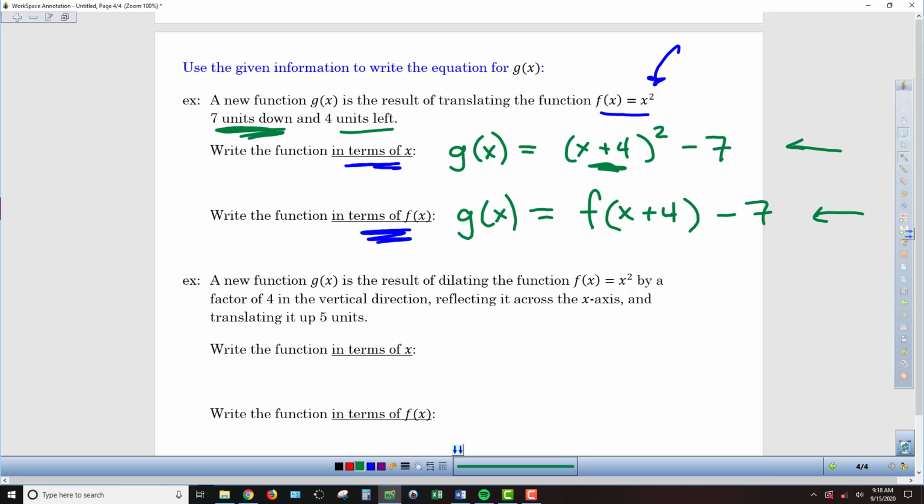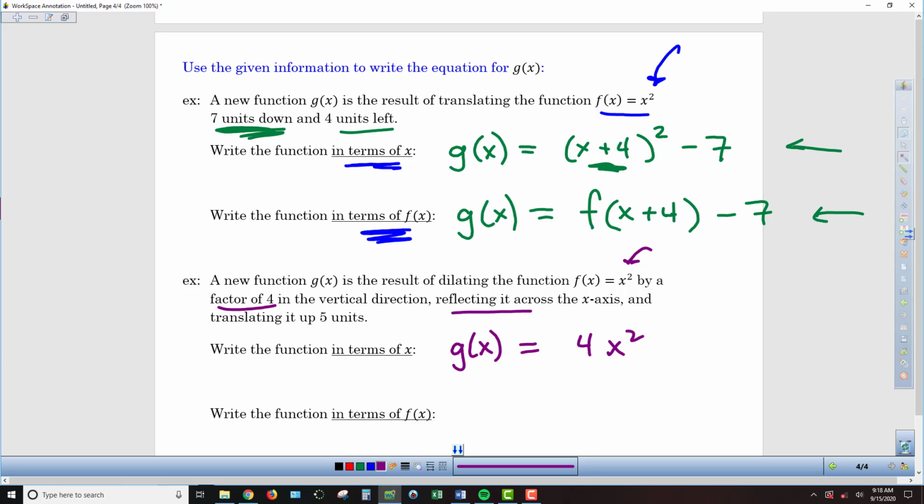So if we try that one more time down here in the last example, so now we have a new function g of x that's the result of taking this x squared function, and we're going to dilate it by a factor of 4. So that means I'm going to have a 4 out in front multiplying an x squared if that was the only thing that was happening.